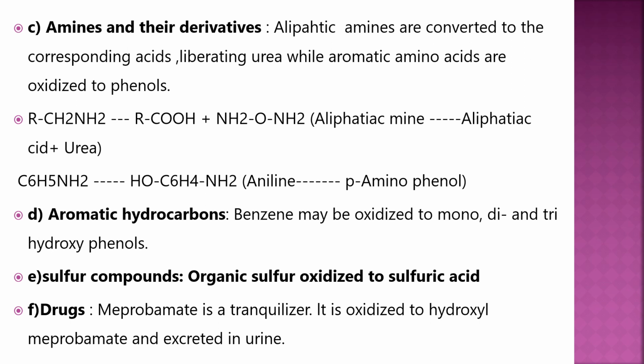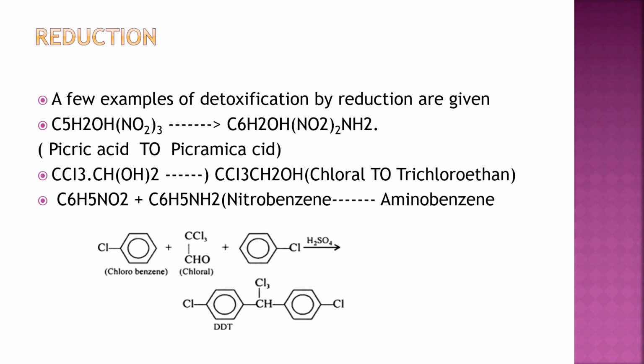Some drugs are converted to soluble form, that is non-toxic nature, then excreted in urine. Here the example, meprobamate, a tranquilizer, is oxidized to hydroxymeprobamate and also excreted in urine.